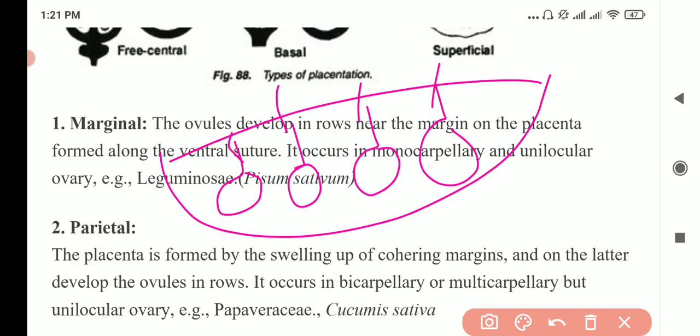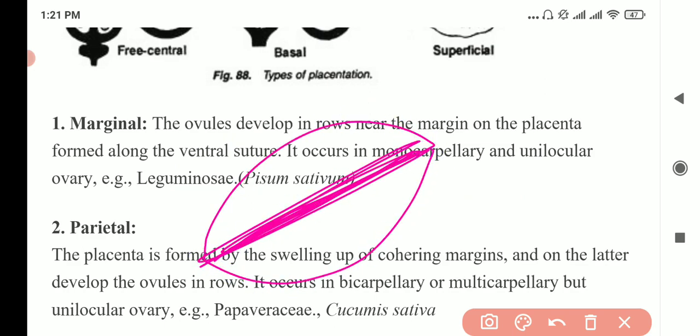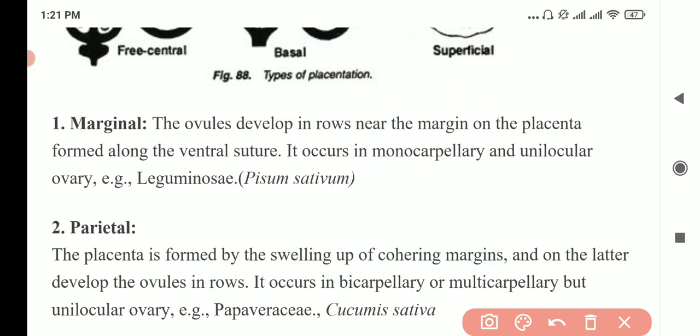They were arranged at the margin, and I think you've already drawn it, so you already know how they arrange. So in the marginal type of placentation, the ovules develop in a row near the margin, on the placenta formed along the ventral suture. The ventral suture is this one. Remember, when you open the pea pod, you used to open from here. This is your ventral suture. It usually occurs in those which have one single chamber, meaning monocarpellary.